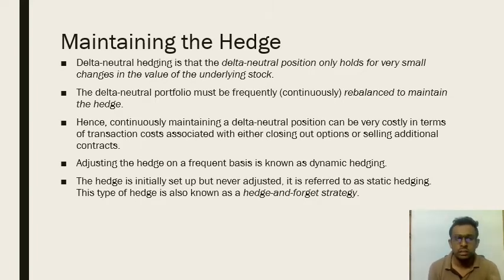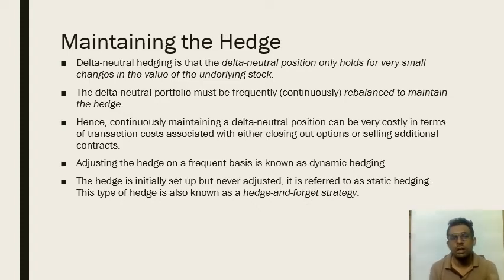But in dynamic hedging, we'll not forget about it. We'll keep on analyzing what the delta is again and again, and then we'll devise another hedge, maybe we'll sell some more calls and buy some more calls, or whatever in the short and long positions we have, and we'll adjust our portfolio in a way that the risk is nil. So that's what dynamic hedging means.